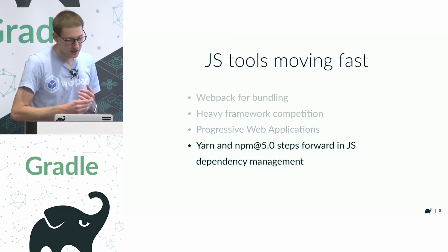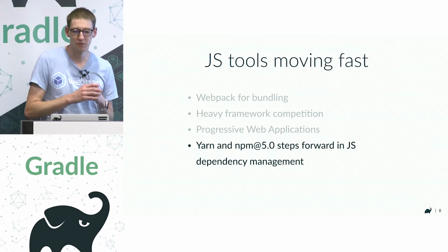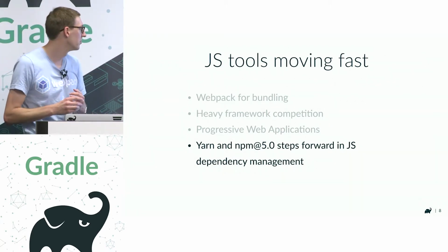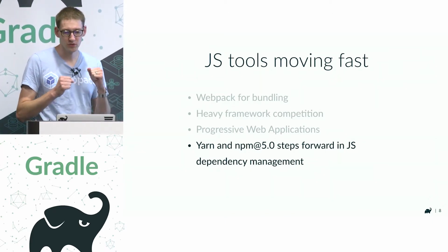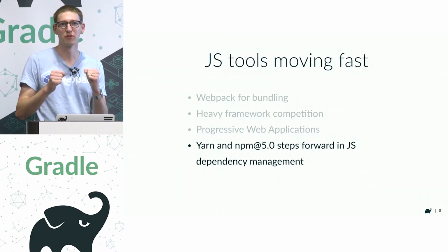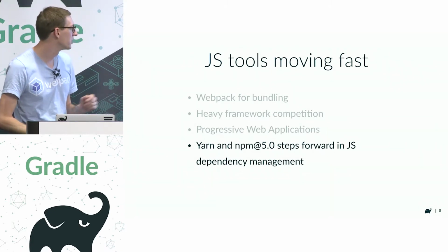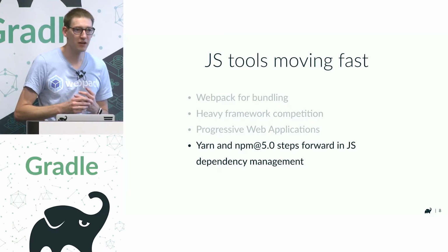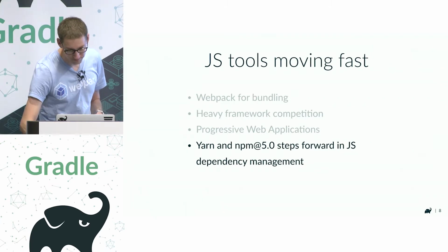And finally, in the last year, Yarn and NPM version 5 have made major steps forward in JavaScript dependency management through NPM. They introduce tools that make JavaScript dependency management faster and more deterministic. So if you're not using these two with your node libraries, I highly recommend it over the alternatives.